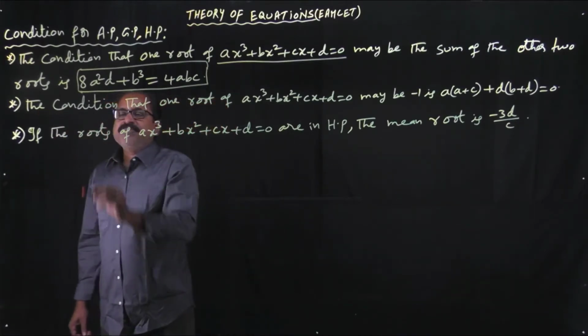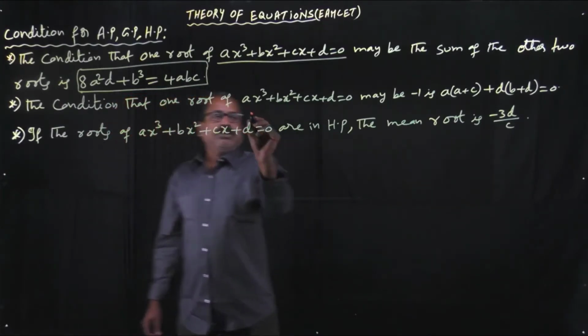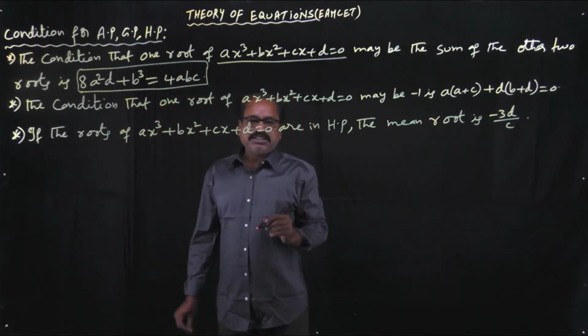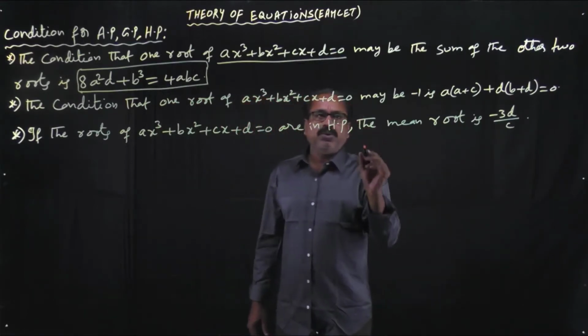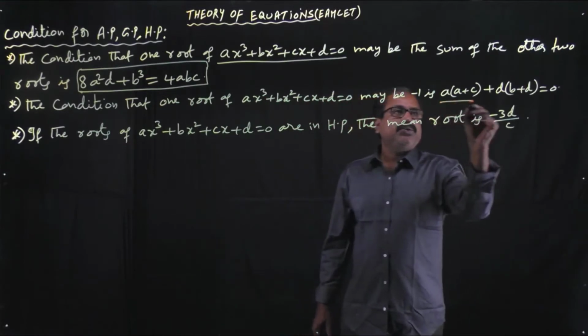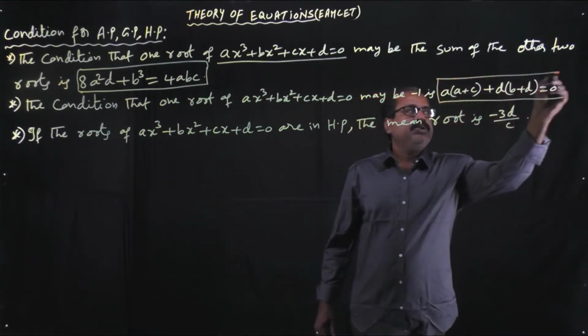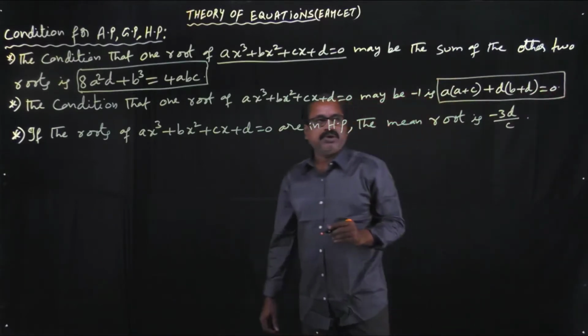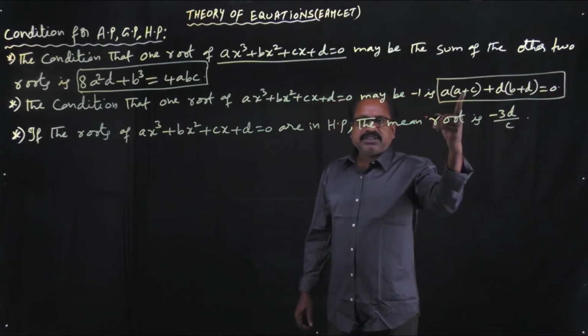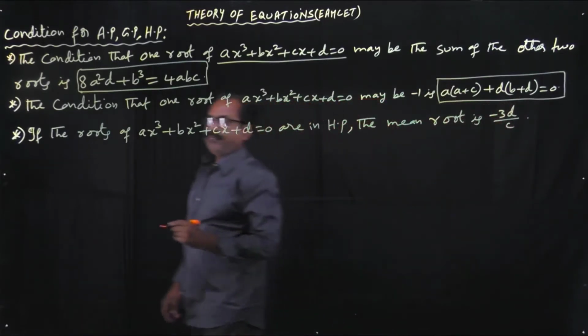Next is the condition that one root of ax cube plus bx square plus cx plus d equals 0 may be minus 1: a(a plus c) plus d(b plus d) equals 0.